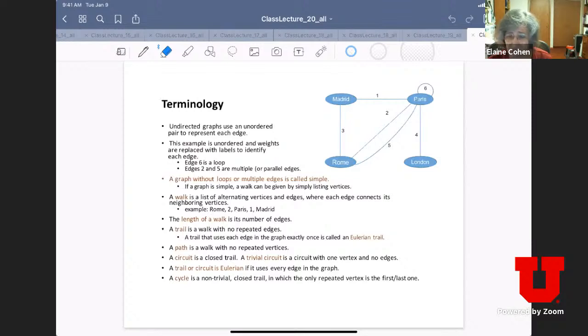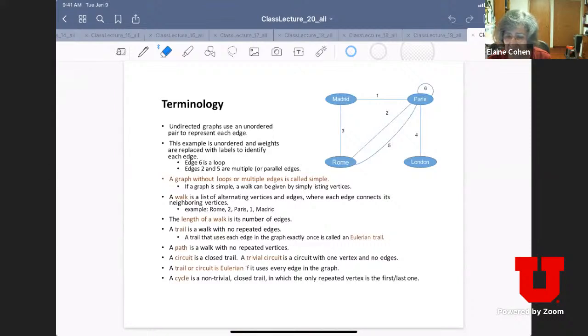Now, a cycle is a non-trivial closed trail in which the only repeated vertex is the first and last one. I don't have a good example on this graph. So it's a trail, which means there are no repeated edges.